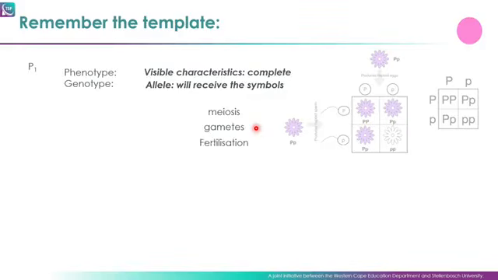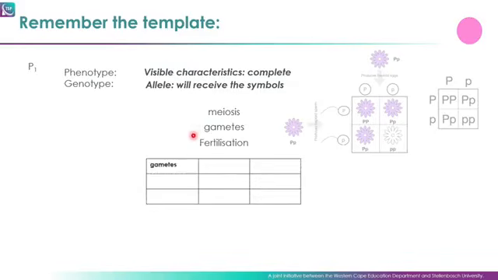Then fertilization, please look out for this. Some textbooks talk about fusion, but you must write down fertilization. That's the word. So if we look at these 2 words, meiosis and fertilization, by writing down these 2 words, you will get 1 mark.